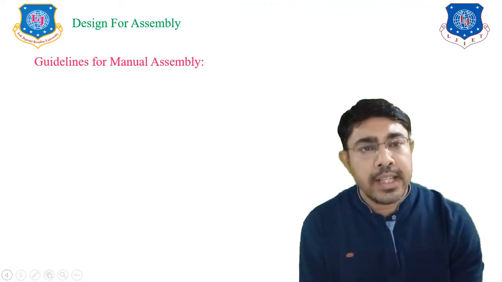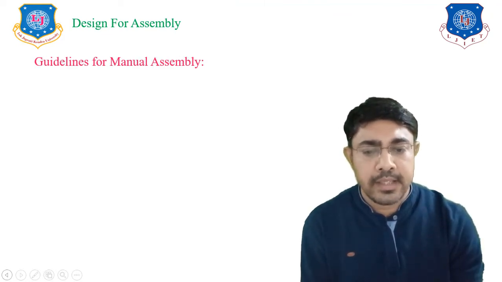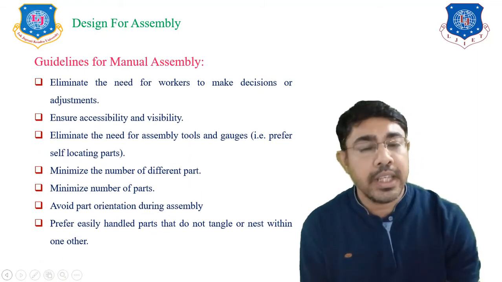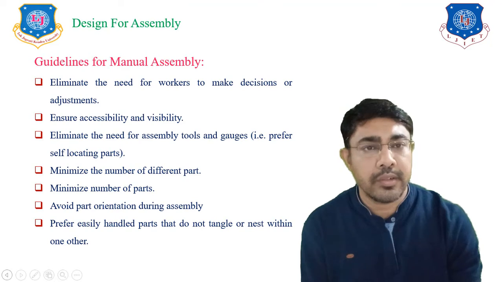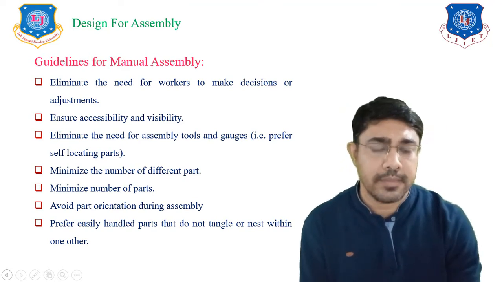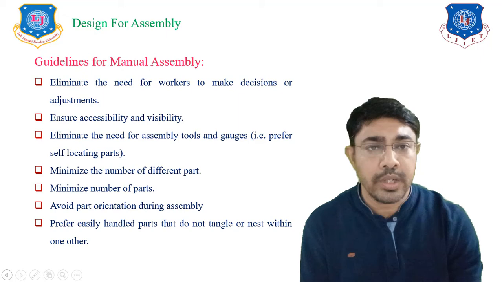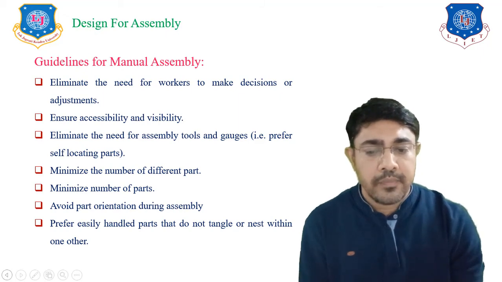So the guidelines for the manual assemblies: first is to eliminate the need for the worker to make decisions or adjustments. Manual assembly is done by the worker, so when the worker does the assemblies, there is no need for any guidance.